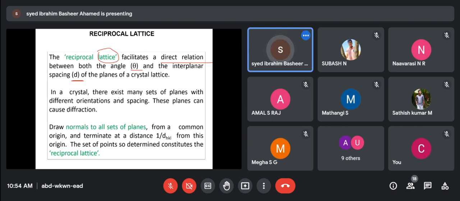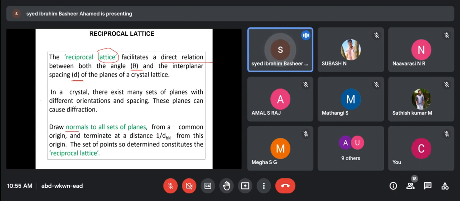In a crystal, there exist many sets of planes with different orientations and spacings, and these planes can cause diffraction. To make a reciprocal lattice, we can theoretically do a reciprocal construction, and you have to follow these rules.